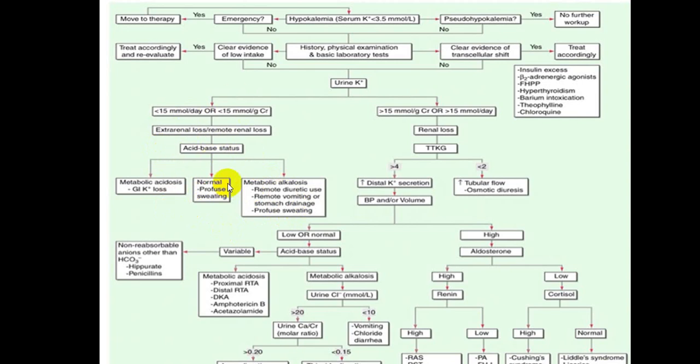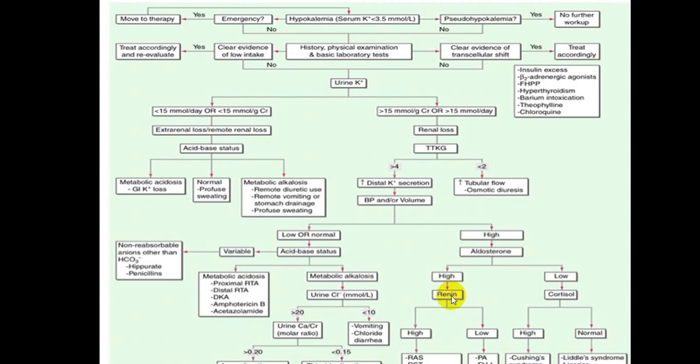and treat accordingly. If it is a renal loss, now we look at the blood pressure. If blood pressure is high, look at the aldosterone level. So high aldosterone, hypertension, with high urinary potassium: three combined.